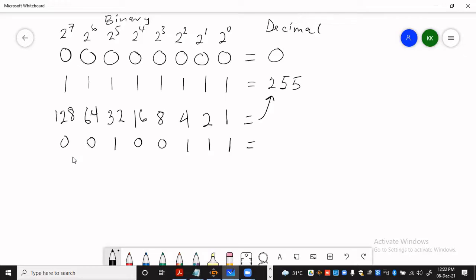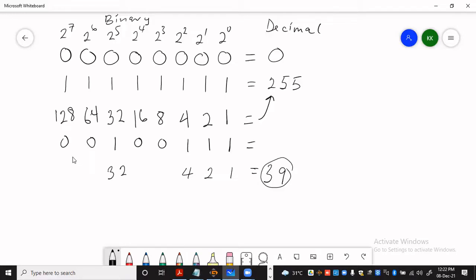So this binary here, if you were to convert it to decimal, it will be 32 plus 4 plus 2 plus 1, which is what? Anybody? So this is 5 here. No, this is 7 here. 7 plus 32 is what? 39. So we have 39 decimal.